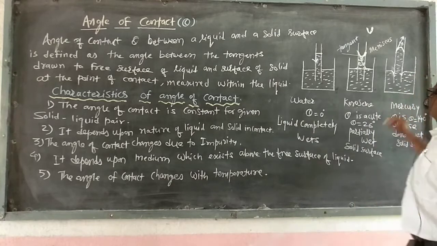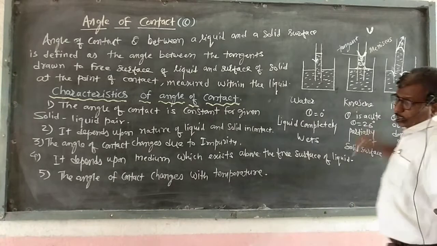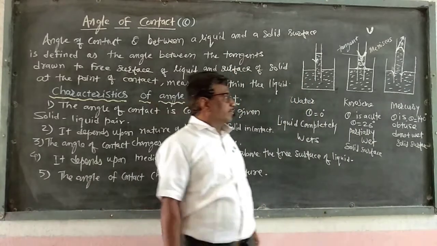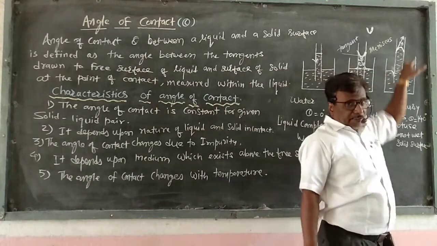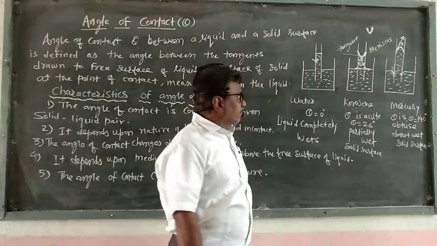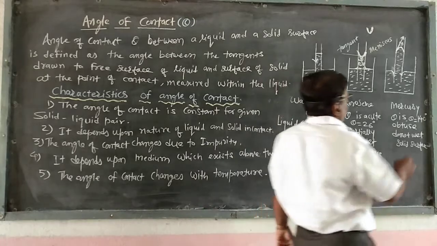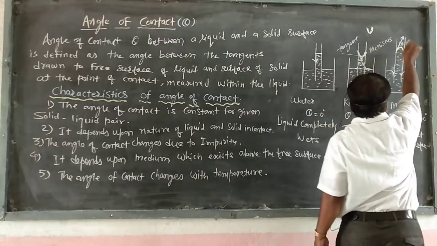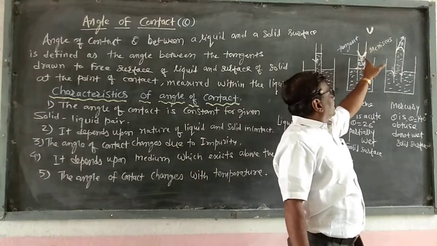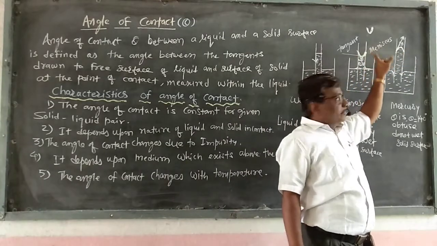Now we consider the third figure. Here there is pure glass and mercury is kept. When we insert a capillary tube in mercury, the meniscus of the mercury surface is convex. So this shape is called a convex shape, and that earlier shape is called a concave shape.